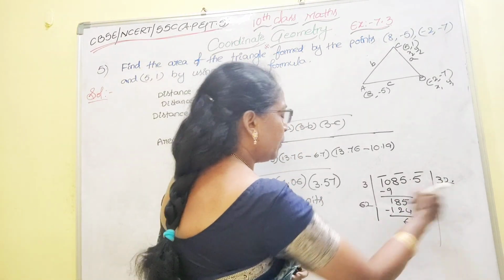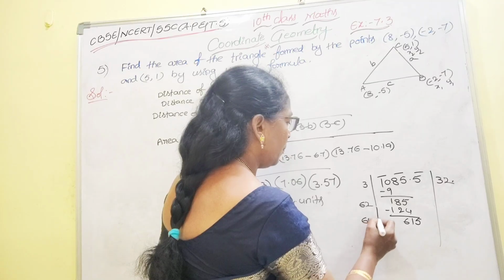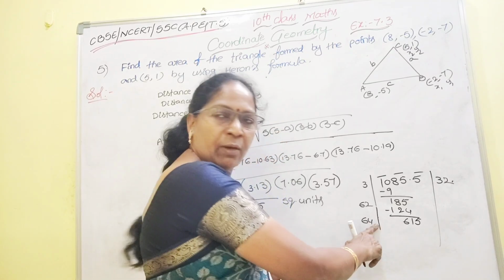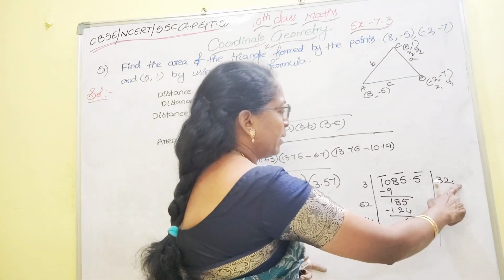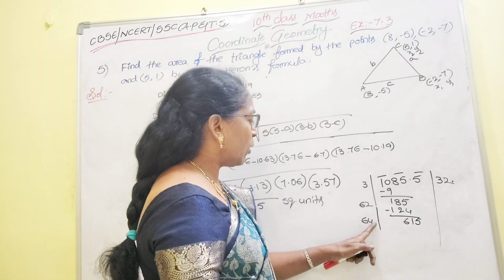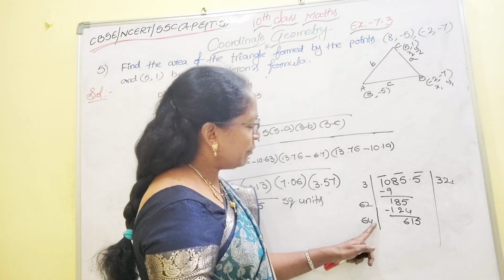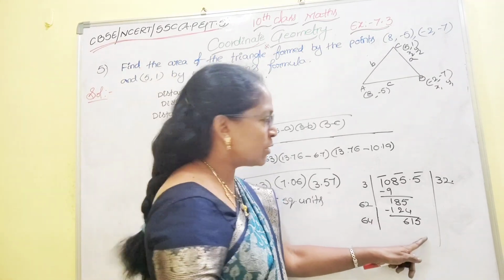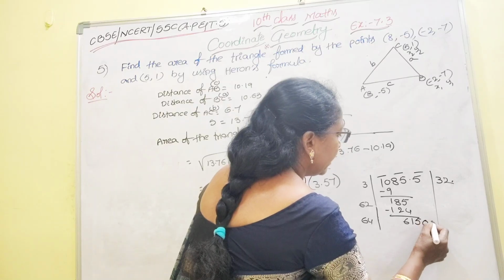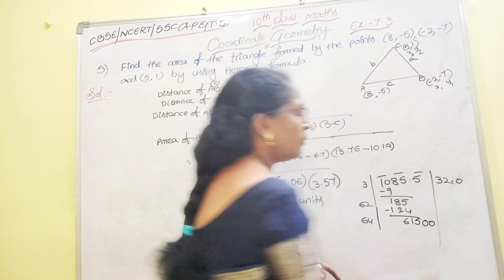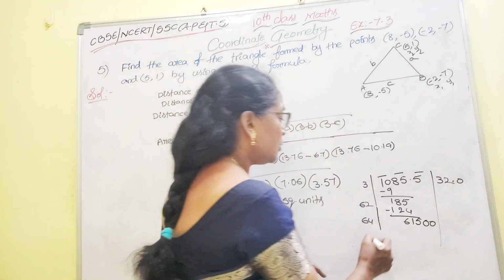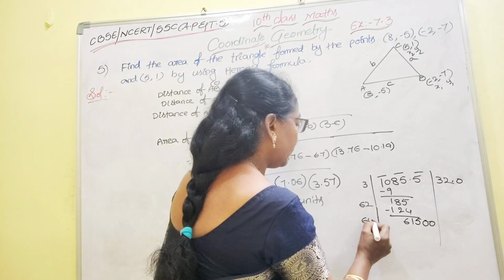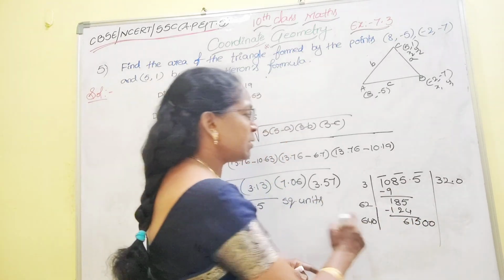Next, 32, double this number, 64. Whatever number you are keeping here, the same number you have to write here also. But if you keep 1, 641 is also not possible. So take 2 zeros, instead write 1 0. So 320, double the number, 640.